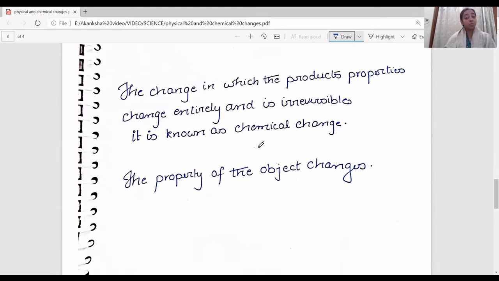So the change in which the product's properties change entirely and which is irreversible is known as a chemical change. So always remember, any chemical change is an irreversible procedure, and the product's properties completely change. The best example is curd formation. You cannot get milk after the curd has been prepared.